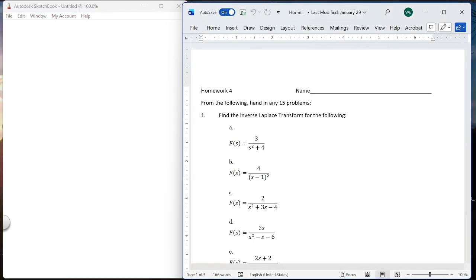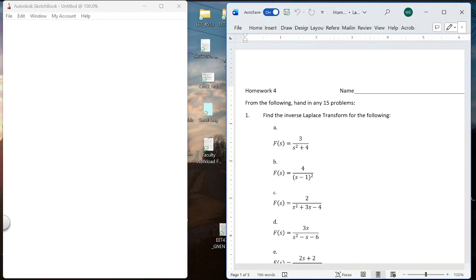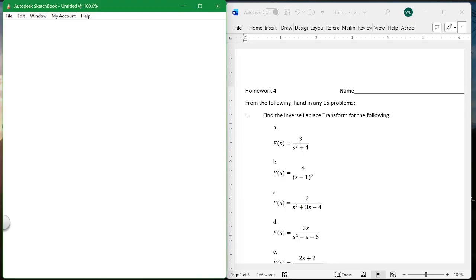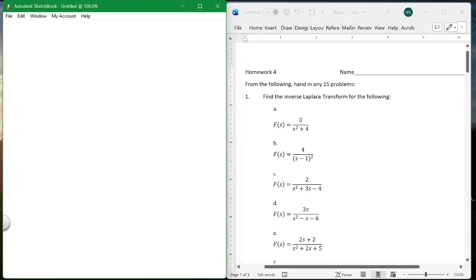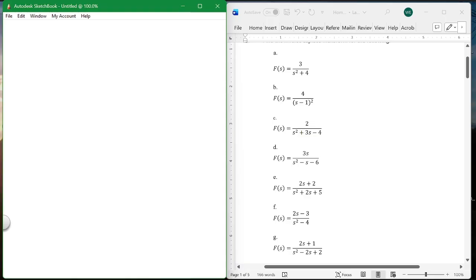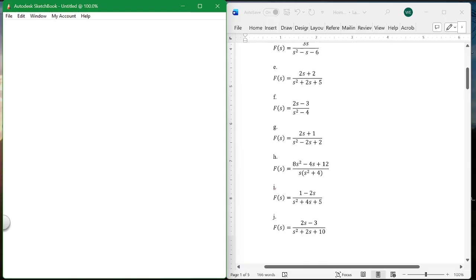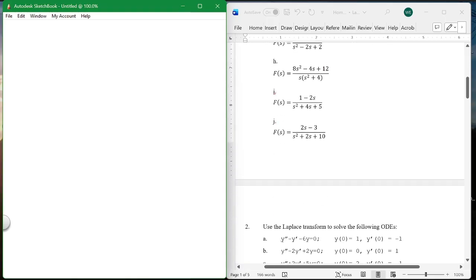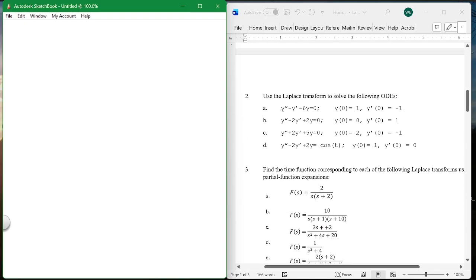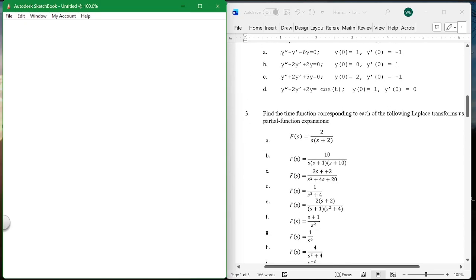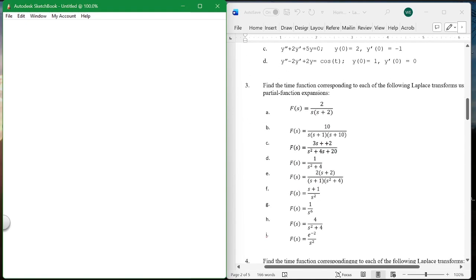So this is looking at some types of problems from the homework assignment in EET 4450.